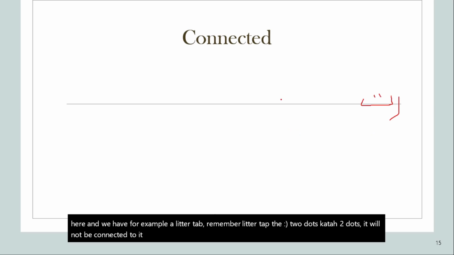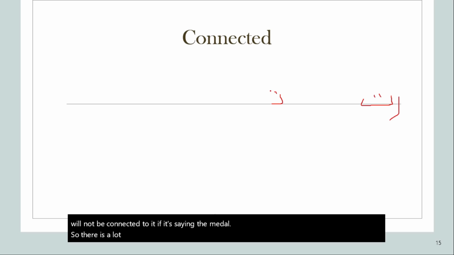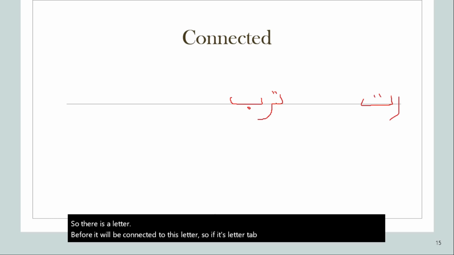If it's in the middle, so there is a letter before, it will be connected to this letter. So if it's letter ta, and there is a letter after, if it's letter ba, it will be connected to the ta because it's before it, but not to the ba because it's after it.